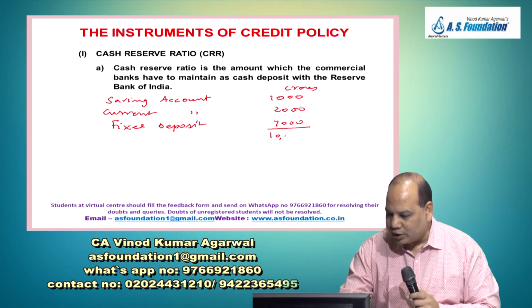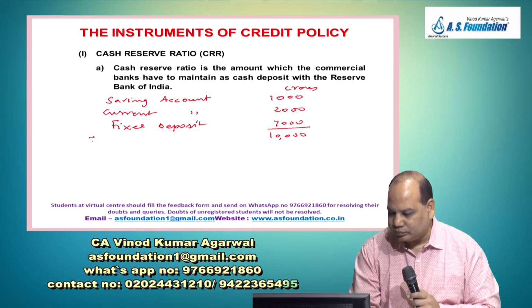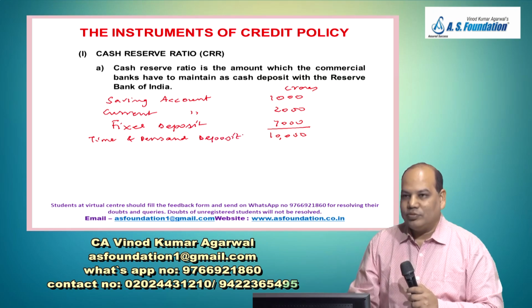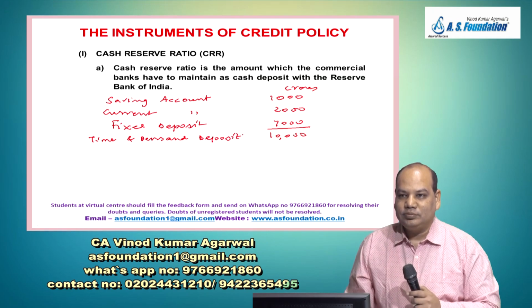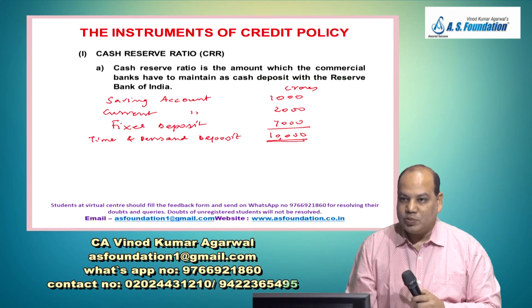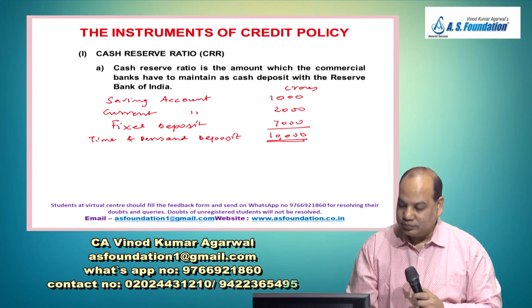So total time and demand deposit is called 10,000 crore. This is your liability towards your deposit holders. So to protect their interest, there must be some liquidity in the banking system.